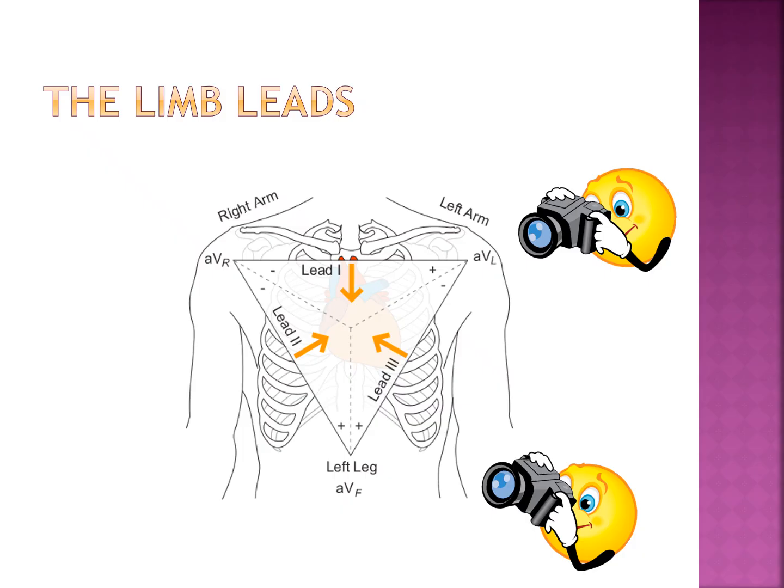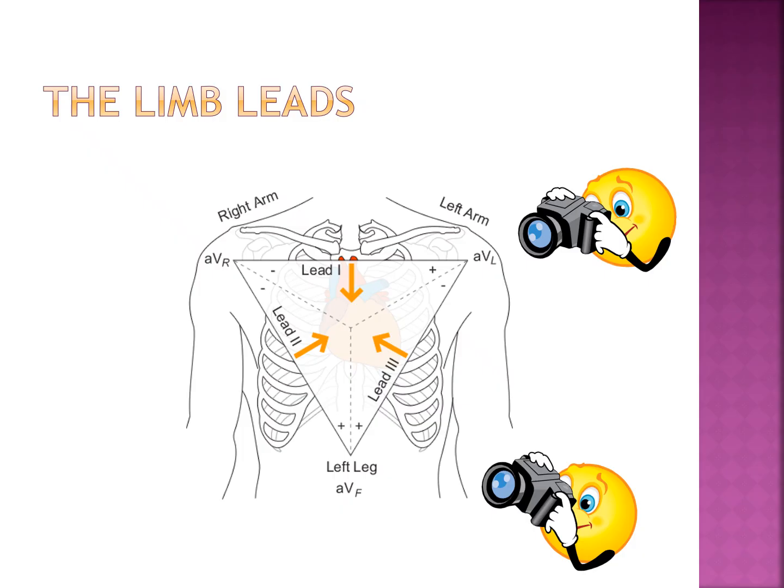So in other words, instead of the white lead being on the right arm and the black lead being on the left arm, they were probably changed. And now we've got the black lead on the right arm and the white lead on the left arm. Because I work in an ER, I always ask them to leave the limb leads on so that I can look at it, especially if the EKG looks funny.